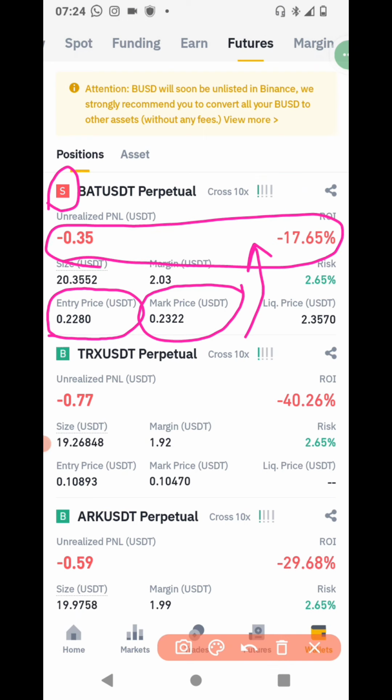It is not the total $200 in my portfolio, in my wallet balance. No, only 2.03 USDT is dedicated to BAT. So this 17% loss is 17% of $2, which is how much? Which is actually 0.35 cents. The money I am actually losing in this trade right now is 0.37 cents.